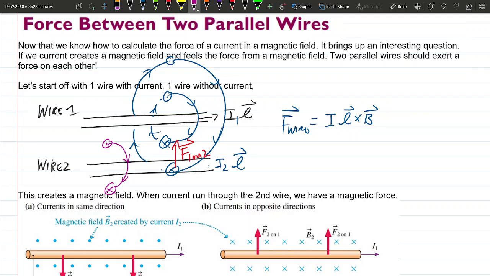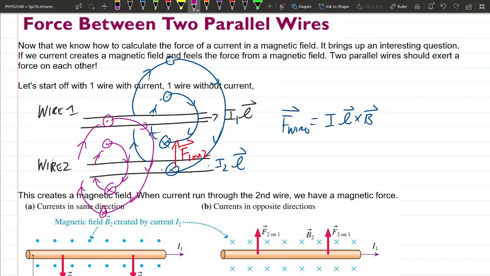When the magnetic field gets up to here, it is coming out of the board here and going into the board here. I'm going to try to keep drawing these circles in a not silly way, even though it might look kind of silly. Right now, there's a magnetic field affecting current number 1.